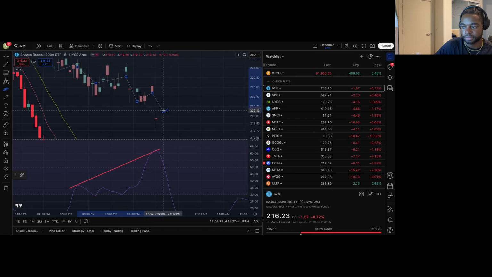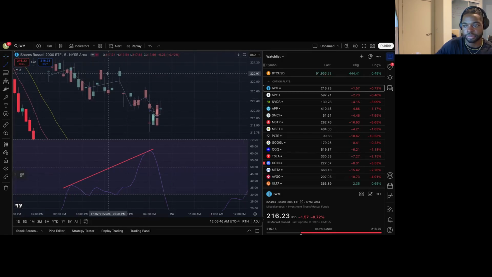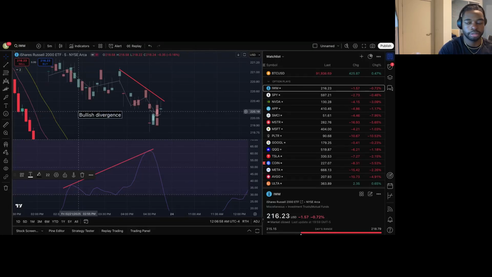All right, so let's say price is coming down. Price is coming down, but the volume RSI is coming up. So this would be considered bullish divergence, which basically is telling us that there's a lot of bullish volume coming in. Get ready for a reversal, okay? Get ready for a reversal.